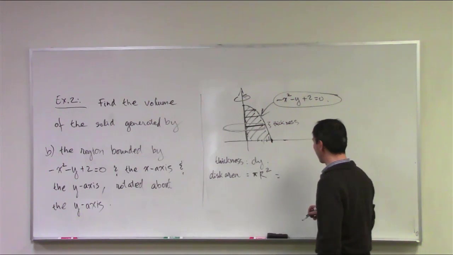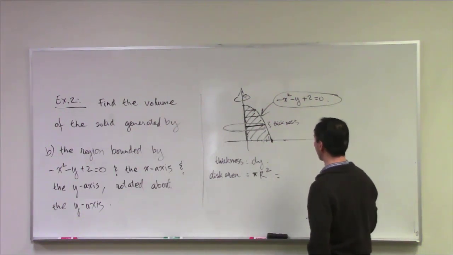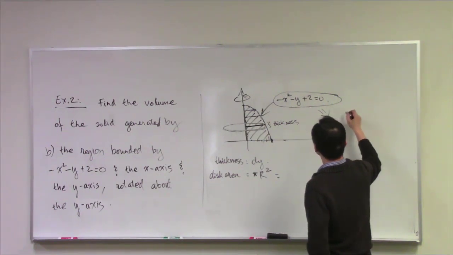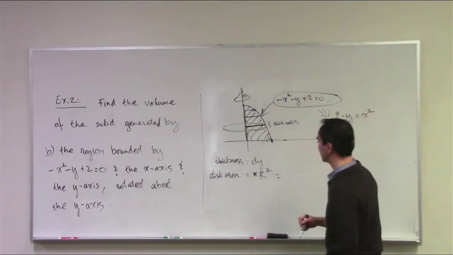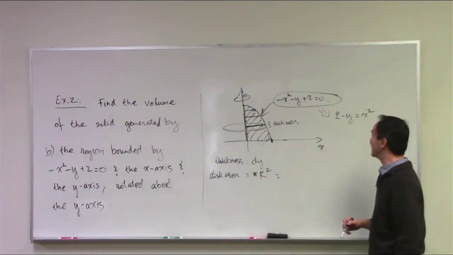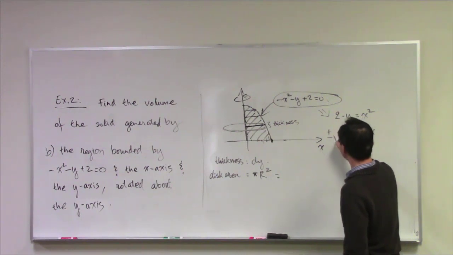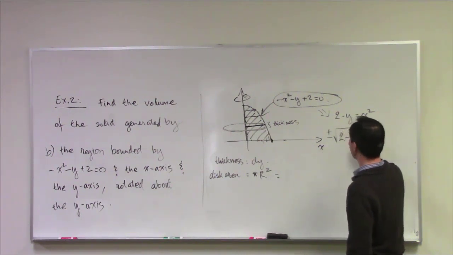And so it makes sense that we have to express that in terms of y. The same curve right here, I'm going to write as 2 minus y equals x squared. Are we good with that? Then I'm going to take the square root: x equals plus and minus square root of 2 minus y.